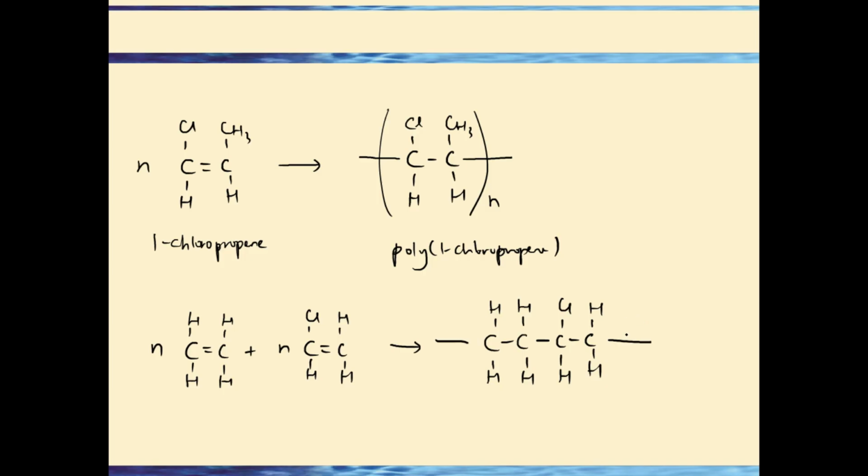Add two longer bonds on both ends, the bracket. So this will be the polymer if we are using two different types of monomer. This is a Cl. So using different types of monomers, addition polymerization can still occur. So the repeat unit will be larger, containing both the monomer units.